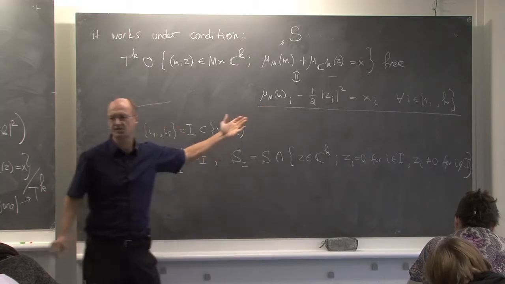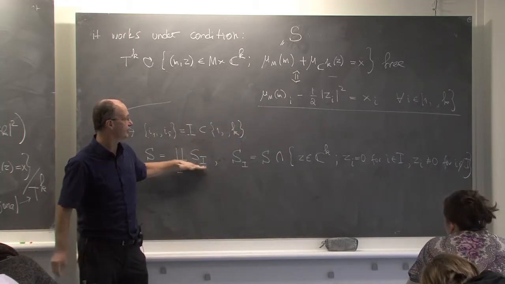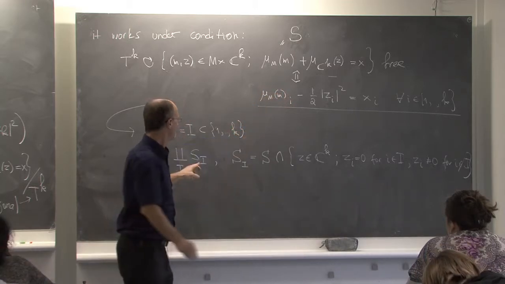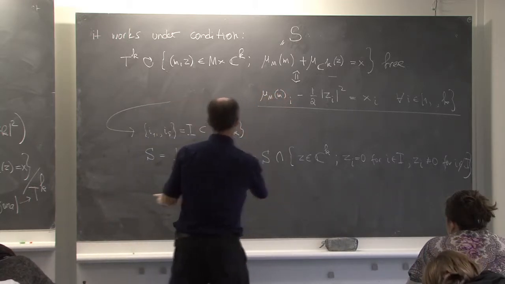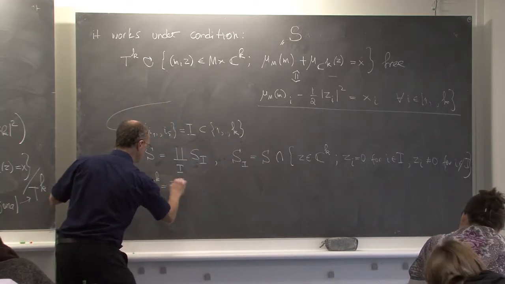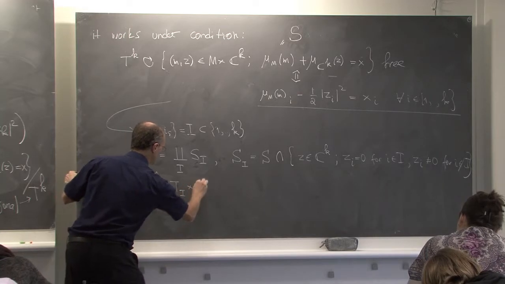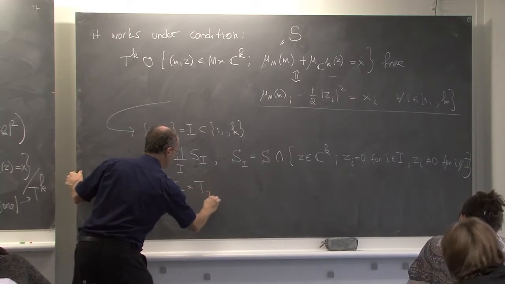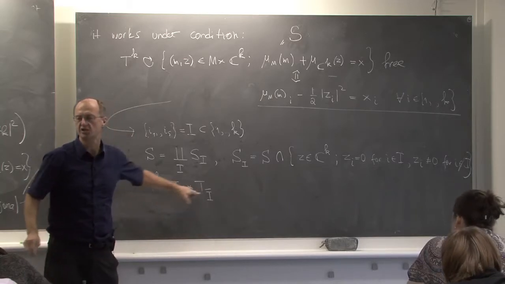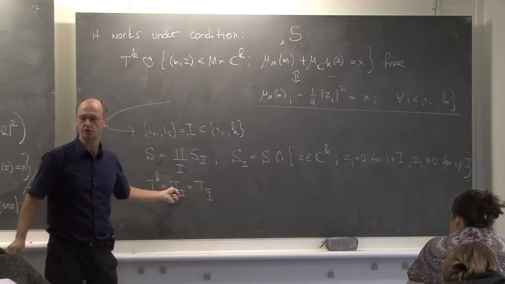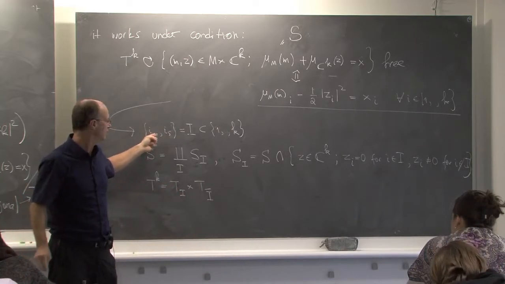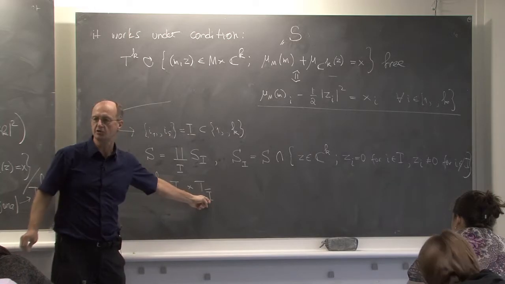And now we want to discuss the freeness of the action on each of them. We can also say that our TK is a direct product of Ti and Ti bar, where this is a product of the circles with their indices in I, and this is the other circles, right?